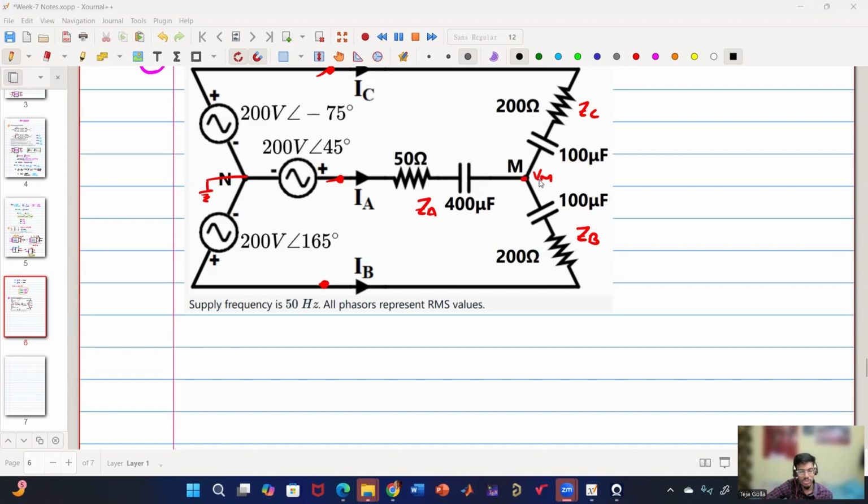It can be a non-zero voltage also, right? You have to understand: the summation of currents will be 0, but the voltage need not be 0, right? Because no theorem says that if the current entering a terminal is 0, the voltage is 0.